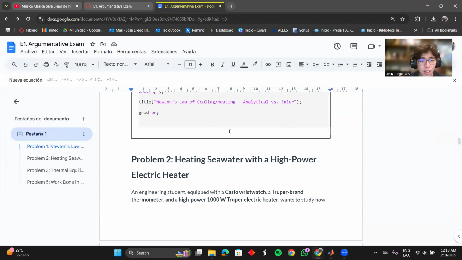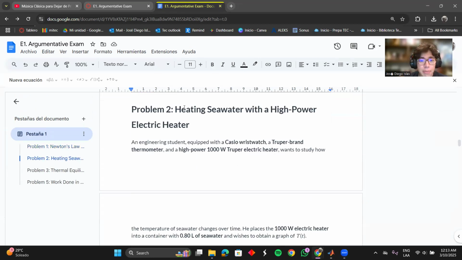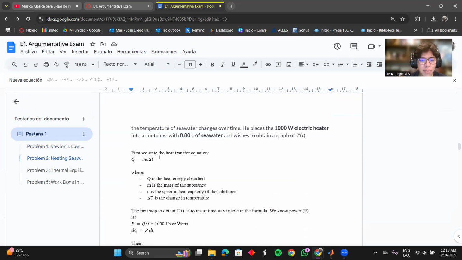Okay, we have an electric heater and we have this thing. The main thing about this formula, which is the heat transfer equation, is that it doesn't have time. So we have to integrate. Well, first of all, we need to introduce time to the formula, and after that, we have to integrate, right?